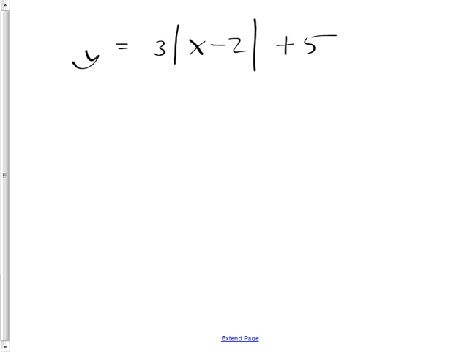Remember, that 3, stretching it a little bit, won't change your range. Sketch that and tell me the range. What the heck, let's do the domain too. It's pretty easy. Just write down the domain also. Once you got the picture, it should be a piece of cake.